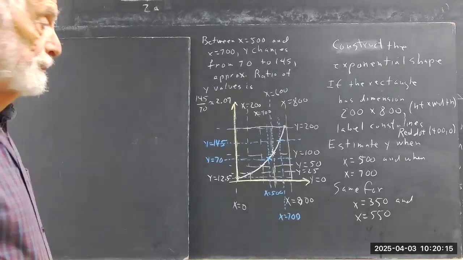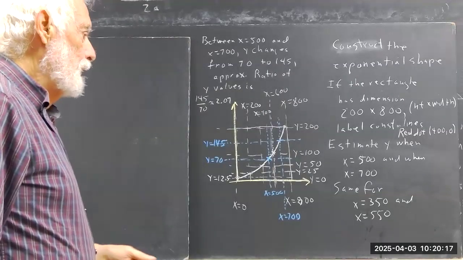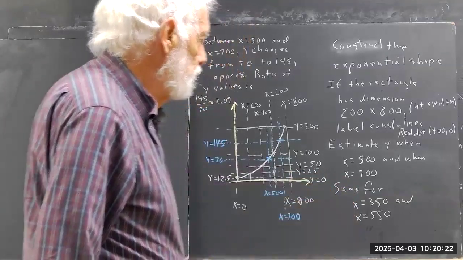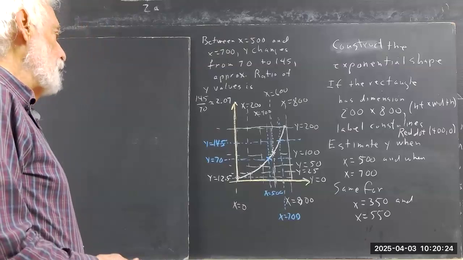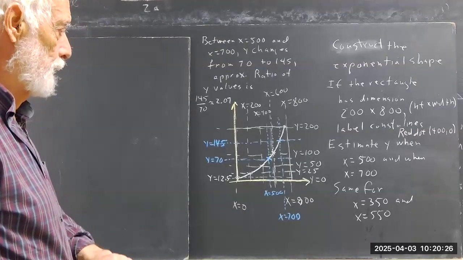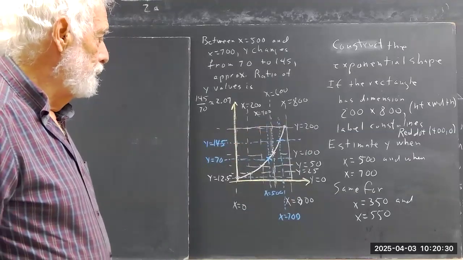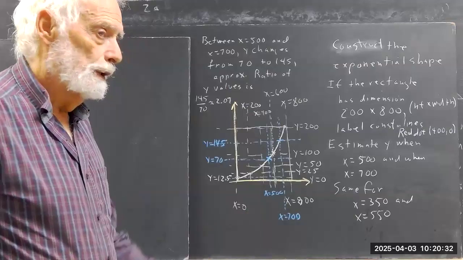Okay. Then I asked to make estimates for x equals 350 and 550. And if you haven't made those estimates, you make a copy of my graph and make your estimates.